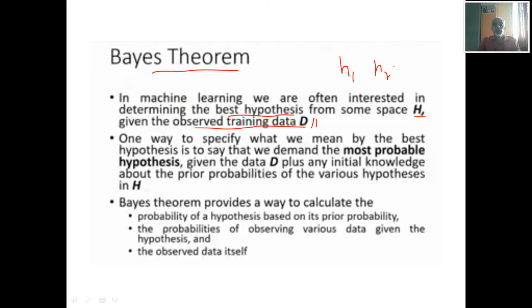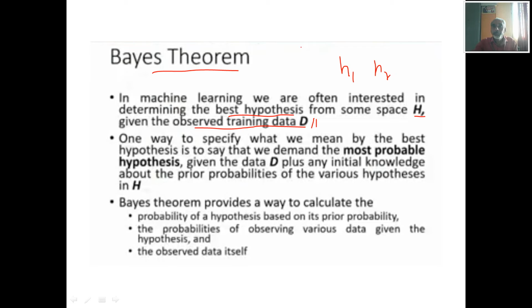You tell me, okay, you want to select the best hypothesis, sir, but how are you going to select it? It's very simple. It depends on the most probable hypothesis given the data D, given the data set sample D, plus any initial knowledge about the prior probability of various hypotheses.